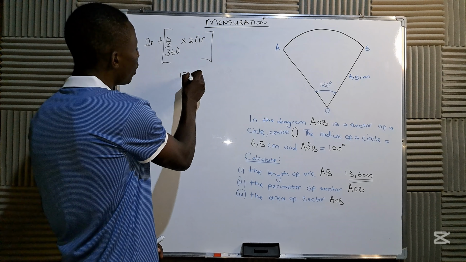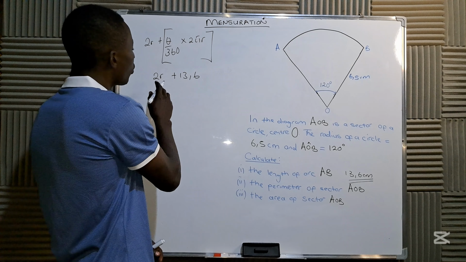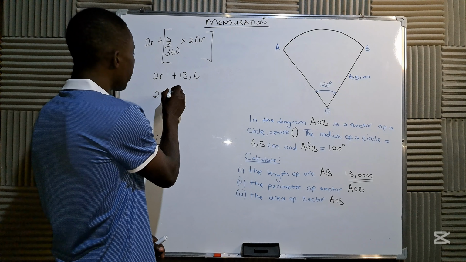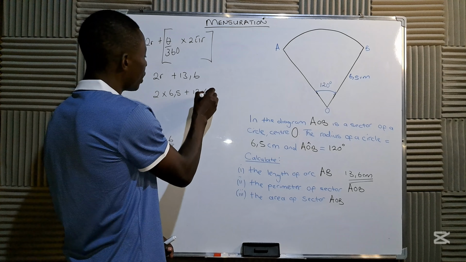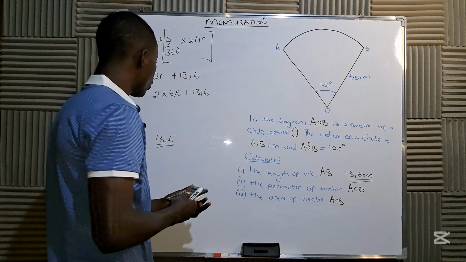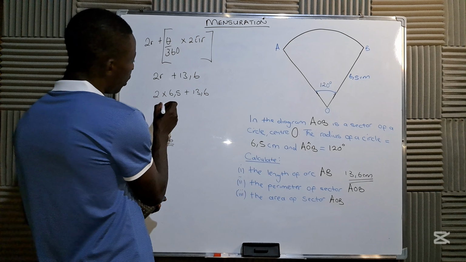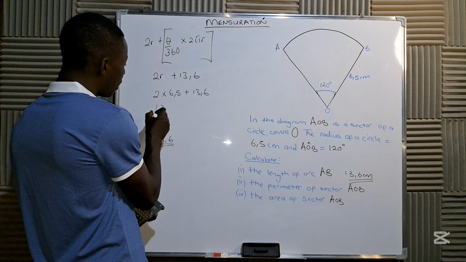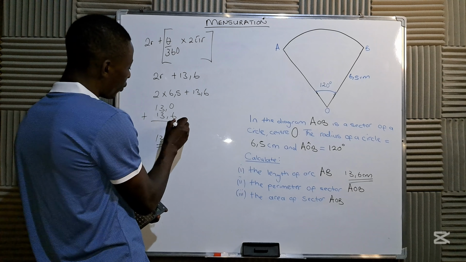So let us write down here 13.6 plus 2 radius. So our radius is 6.5. So we write down 2 times 6.5 plus 13.6. So 2 times 6.5 is 13.0, plus 13.6.